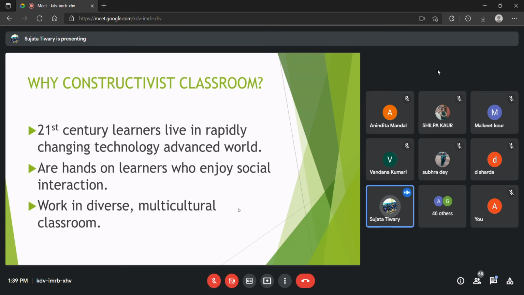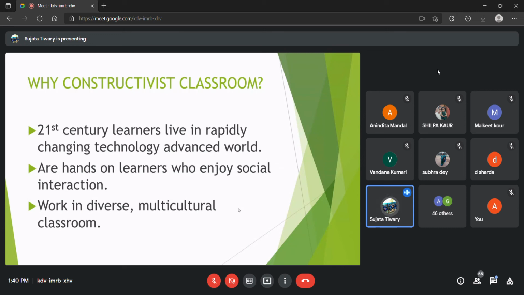So for that, only lecturing and only passively teaching the child, if you are not involving the children in our lesson plan, in our teaching learning process, then no more motivation is there. The children will not be interested in their teaching learning process.